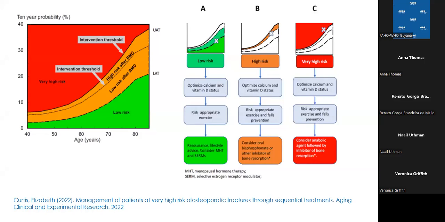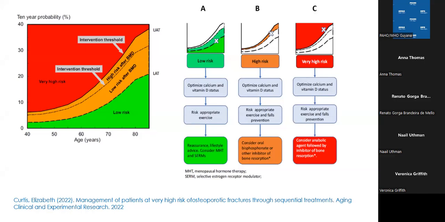So we have to think about falls prevention, and we have to think about fracture risk when assessing an older person, because, as we saw, a fall or a fracture may impose important morbidity and will lower the quality of life of an old person.